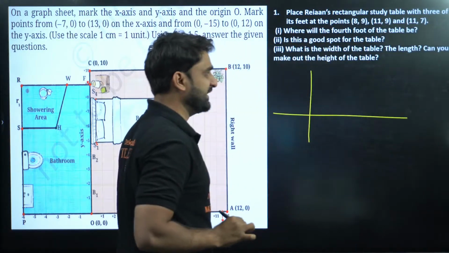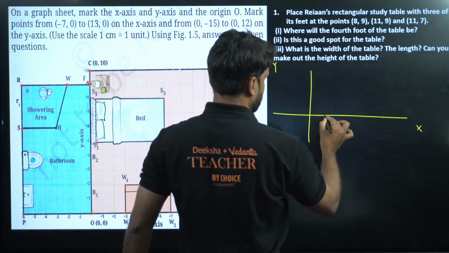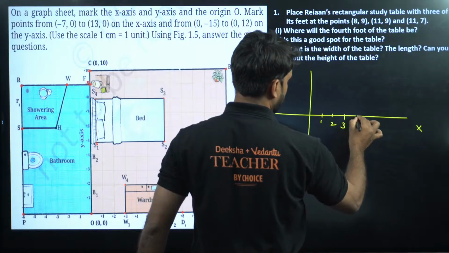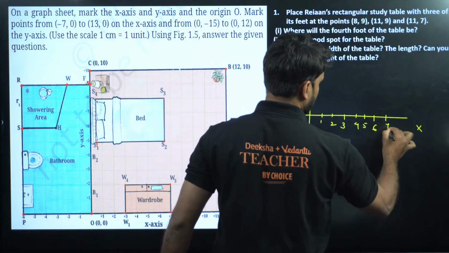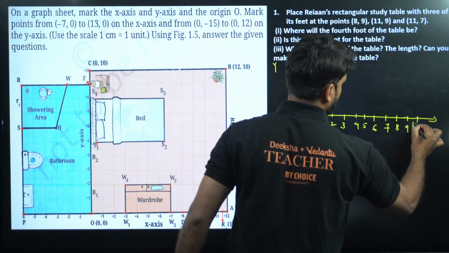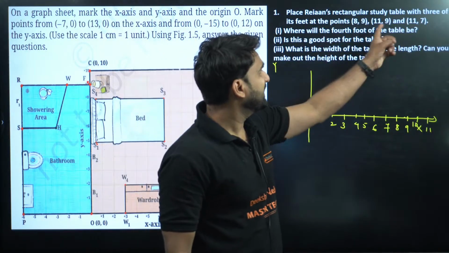This is the x-axis, y-axis, x and y here. This is 1, 2, 3, 4, 5, 6, 7, 8, 9, 10, and this is 11 here. I am taking the range of 11 because the highest value is 11.